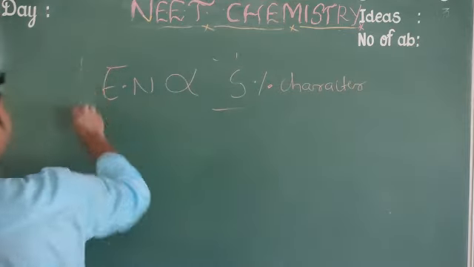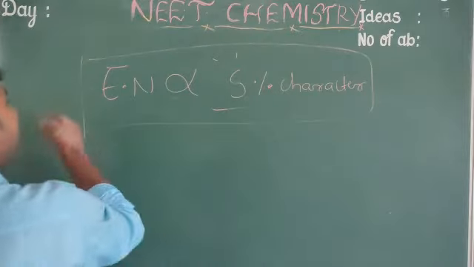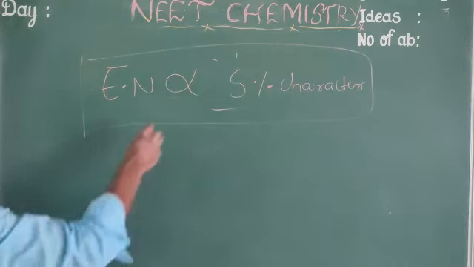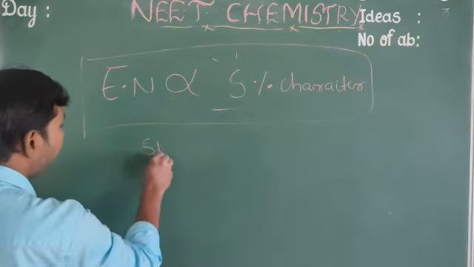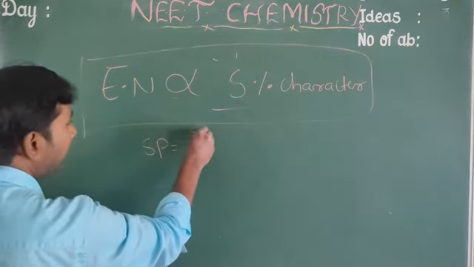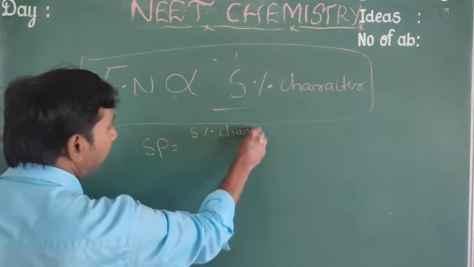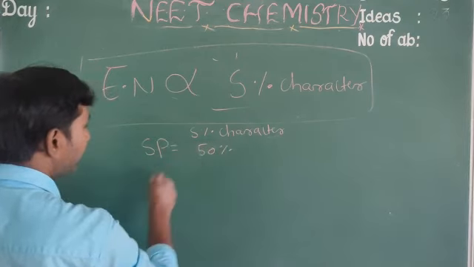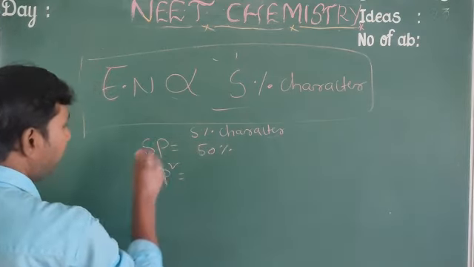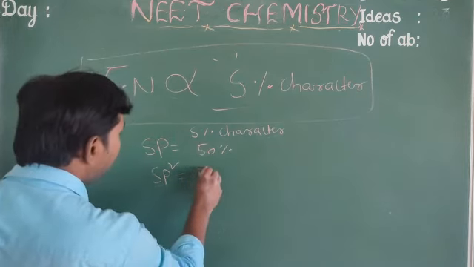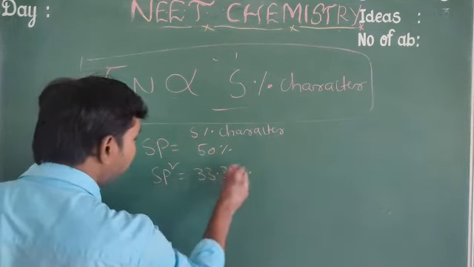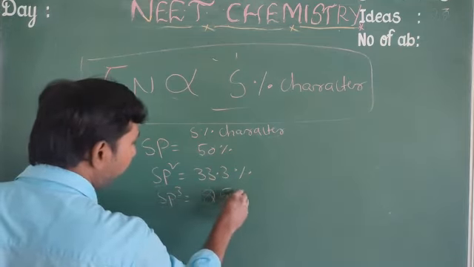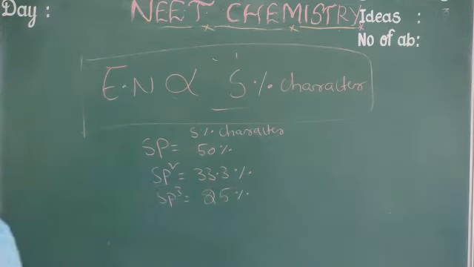Where is more S character? SP has 50%, SP2 has 33.3%, SP3 has 25%.